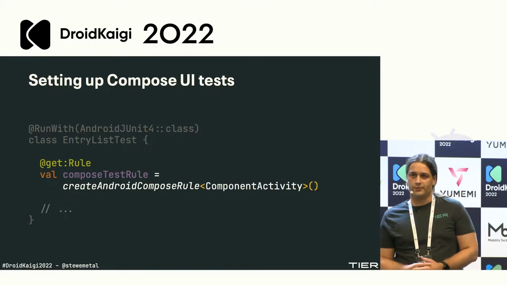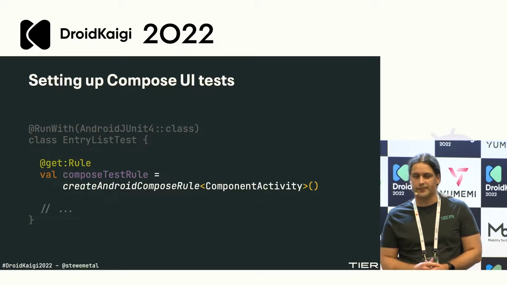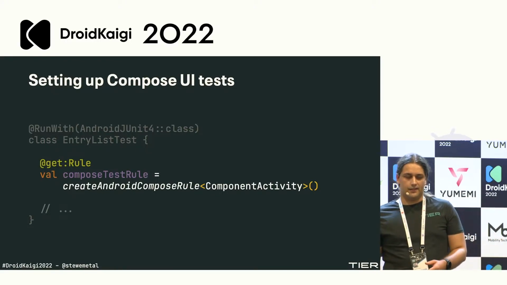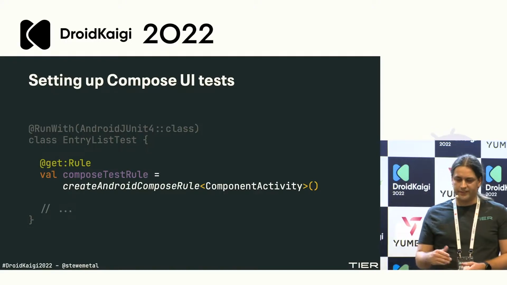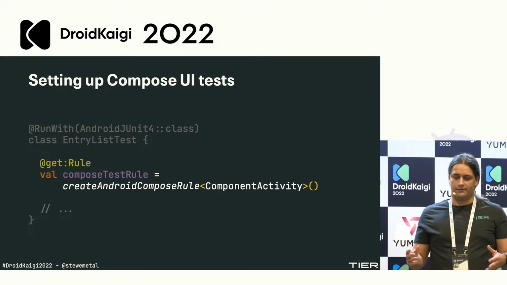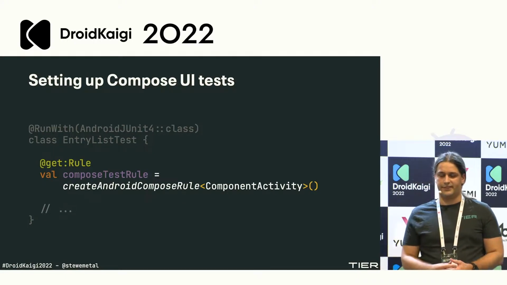That built-in one is called ComponentActivity, which is actually just a basic building block of the Android ecosystem. Most of the current specific activities inherit from ComponentActivity. This is the use case where we only have a composable that we want to test and we don't want to access an actual specific activity.